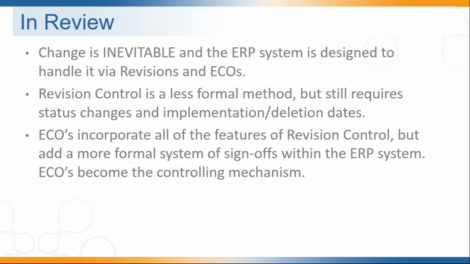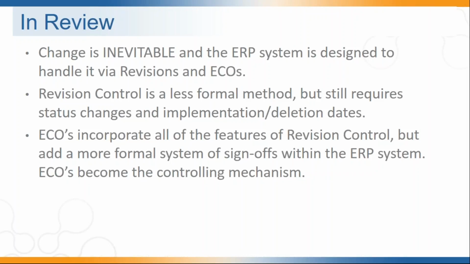So in review, what have we covered in today's webinar? Well, we know that change is inevitable in the ERP system, and the revision or engineering change order systems are designed to handle those inevitable changes so that the MRP system always plans the correct items in the correct quantities.